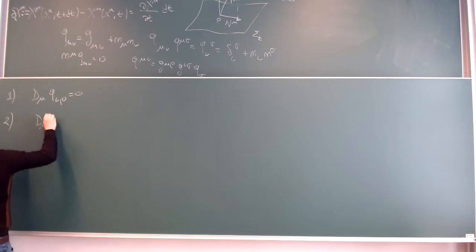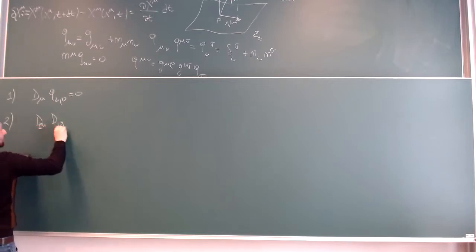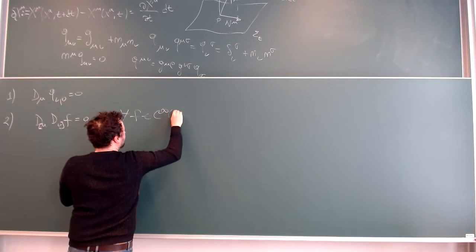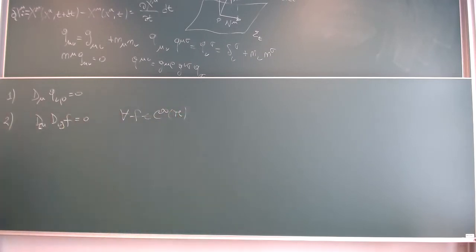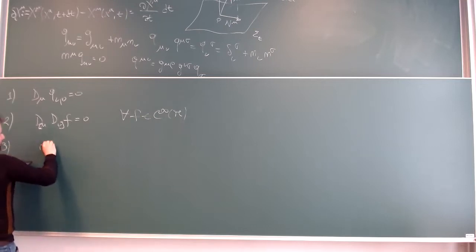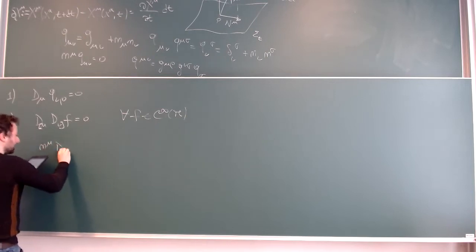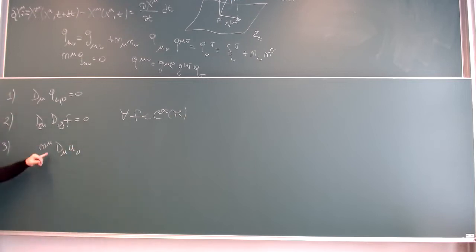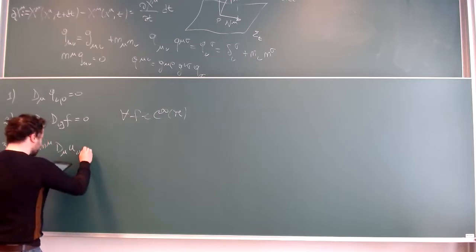Torsionless means D mu D nu f equals 0 for any smooth function on M. And also being spatial means that the contraction between this orthogonal vector and the covariant derivative of a general vector, so it could be decomposed into a normal and also a tangential part, has to be 0.